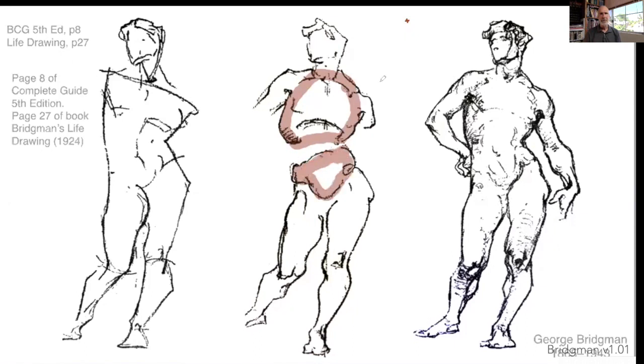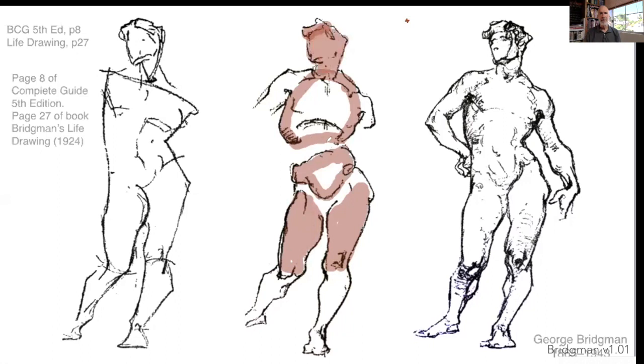That's a shape. That's a shape. That's a shape. It's also a form, yeah, but that's not what we're doing tonight.